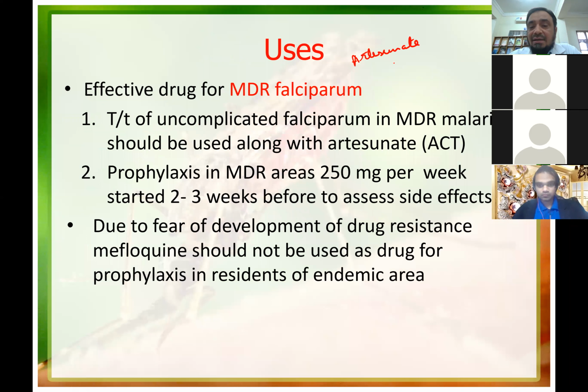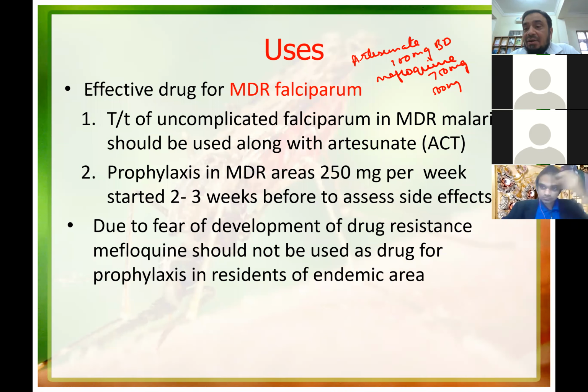So artesunate 100 milligram BD is given for 3 days, and along with that you give mefloquine 750 milligram on day 2 and 500 milligram on day 3. So just 2 doses of mefloquine are sufficient for the treatment of uncomplicated falciparum malaria along with artesunate. Also, it is used for prophylaxis in multi-drug resistant areas.